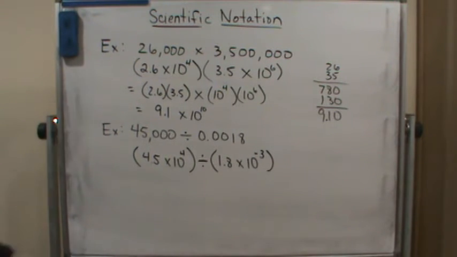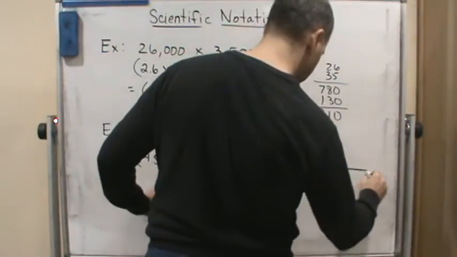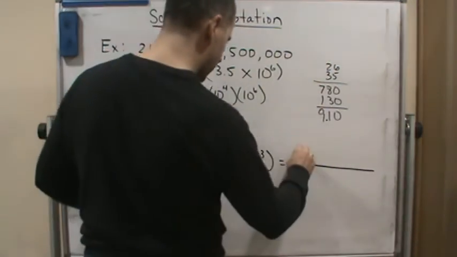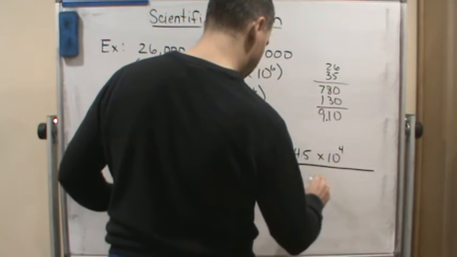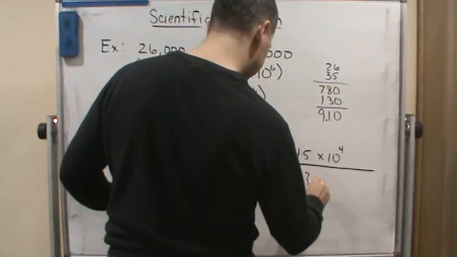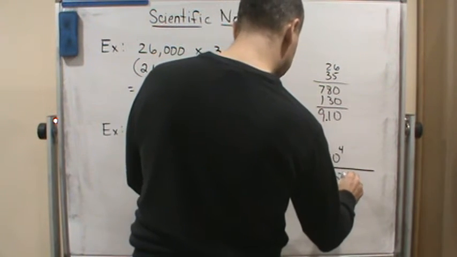Now, I'm going to rewrite this as a fraction. So this is actually going to be 4.5 times 10 to the fourth over 1.8 times 10 to the negative third.